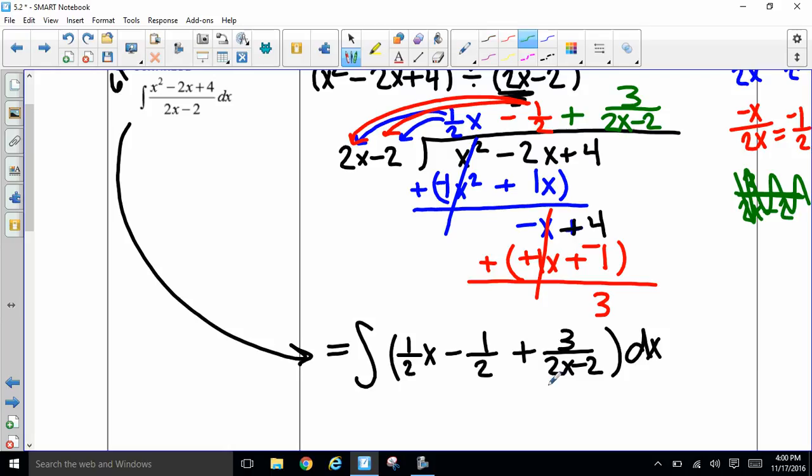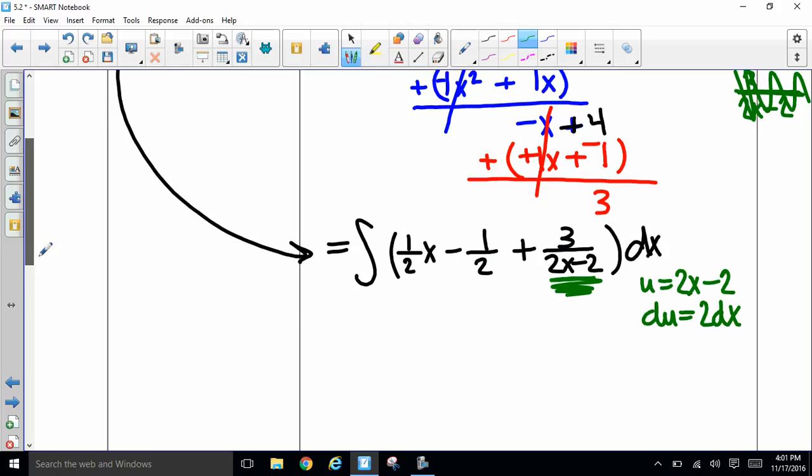And I actually need a u sub here. I can integrate these other pieces just fine, but on this last piece I need to let u be 2x minus 2. So du equals 2 dx. But I don't see a 2 dx, I see a 3 dx. So I need to be clever there and go ahead and divide. Think about 1/2 du equals dx.